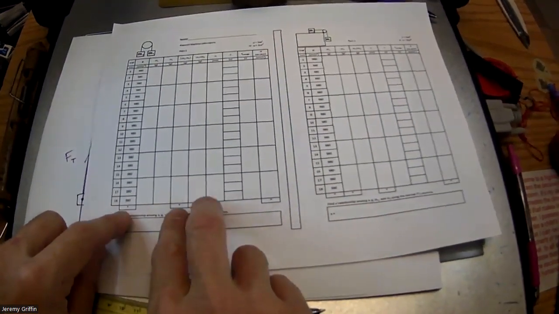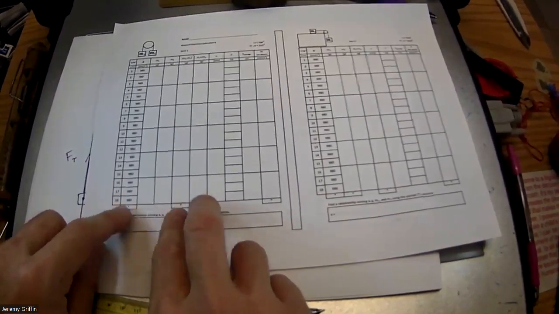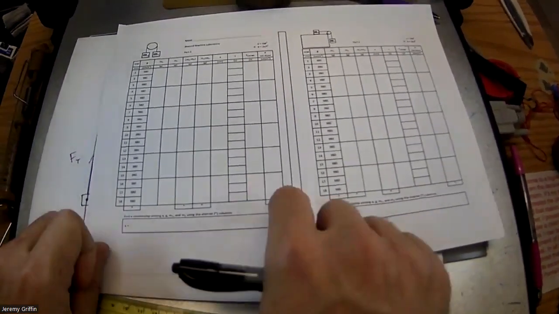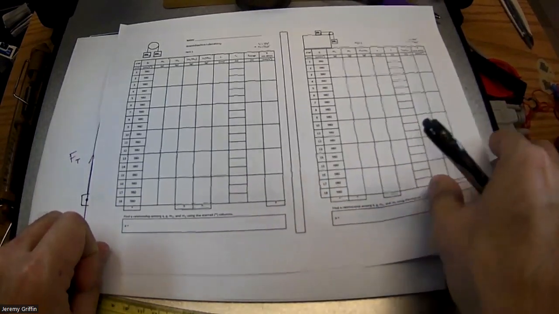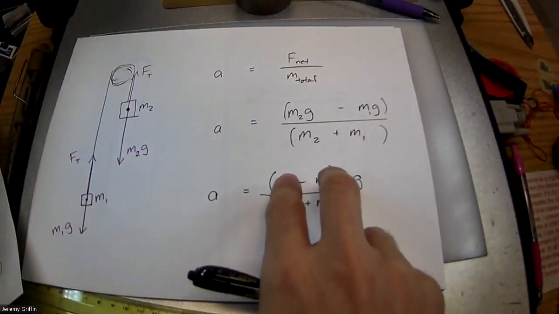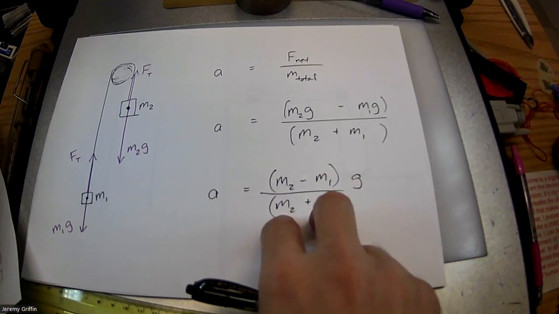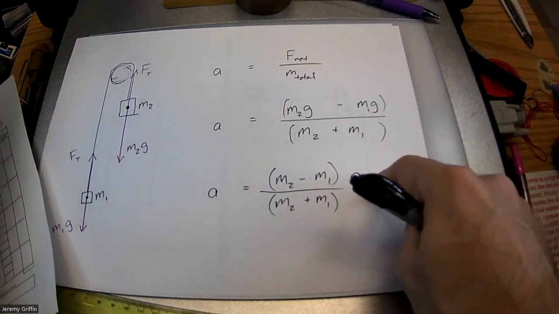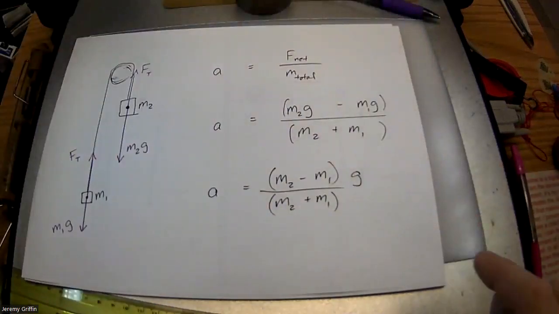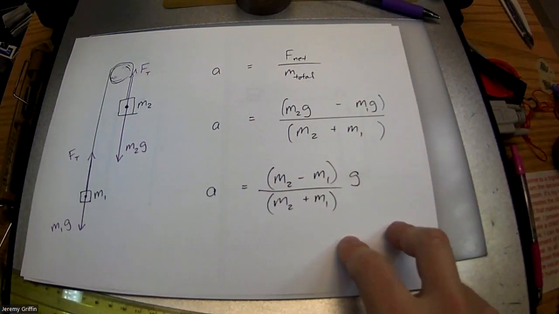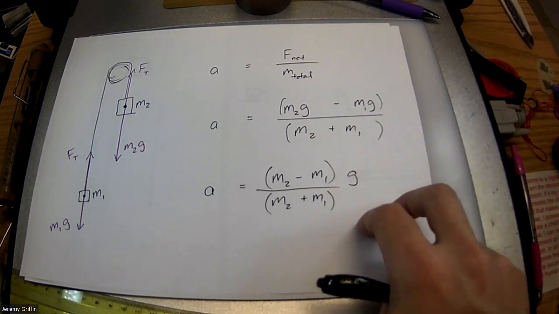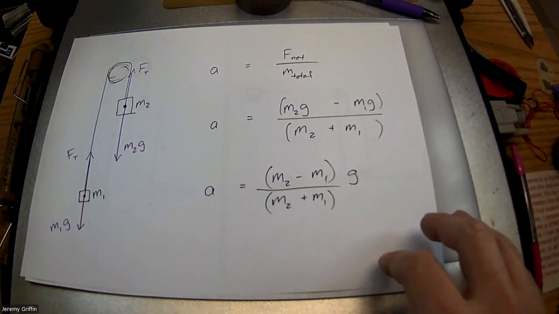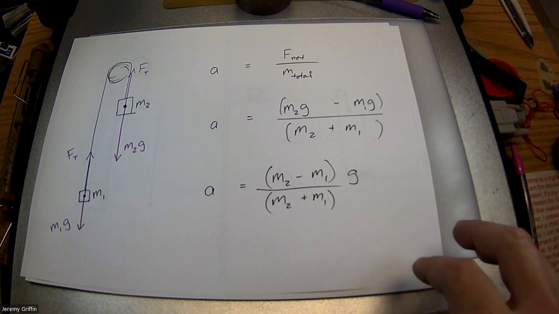If you multiply or divide these first three columns, there's some way it should land you pretty close to the actual acceleration that you found empirically. And this is it. It's the difference over the sum of masses, all times Earth gravity. Show of hands, how many got that? Oh, all right, so some of you did. Awesome. So that's the general answer to that one.